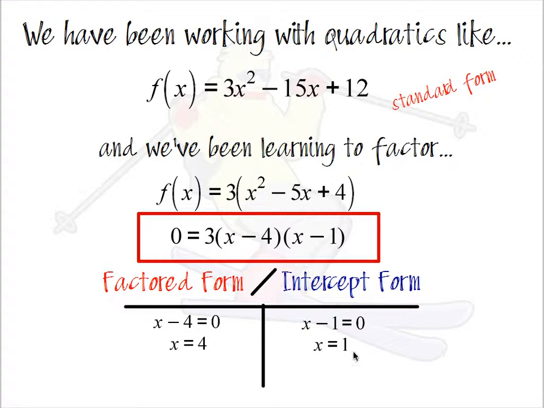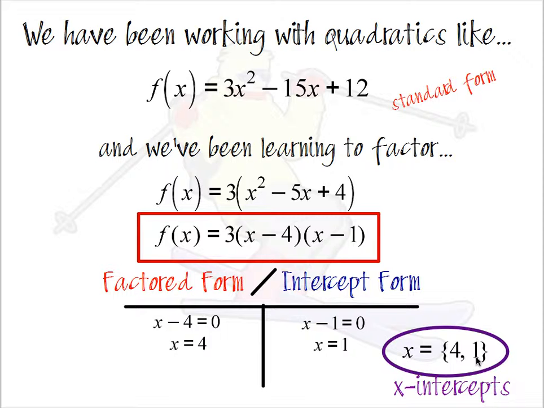So 4 and 1 are my two solutions, also known as roots, also known as x-intercepts for this particular equation. If I wanted to write them as x-intercepts, I would write them as points: (4, 0) and (1, 0). But for now, I'm going to focus on just those two values.